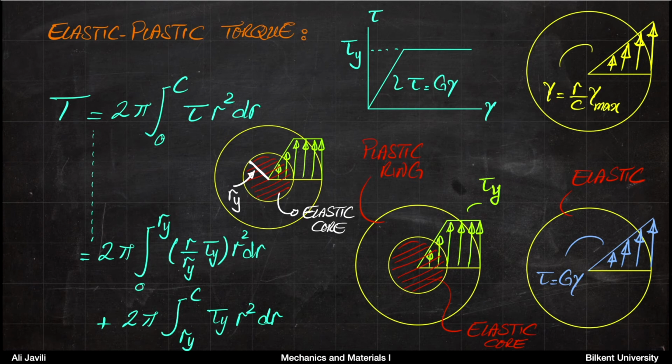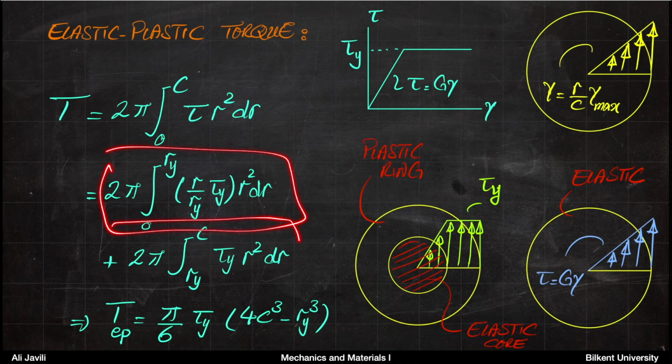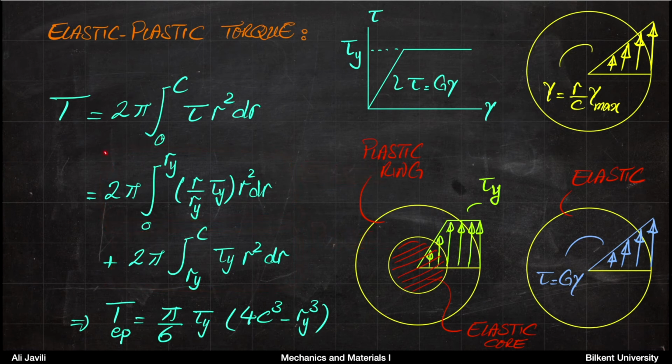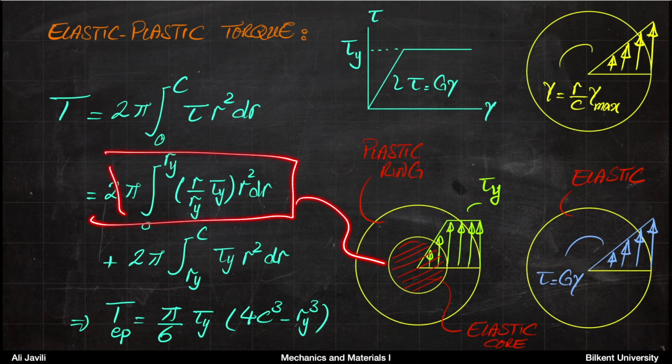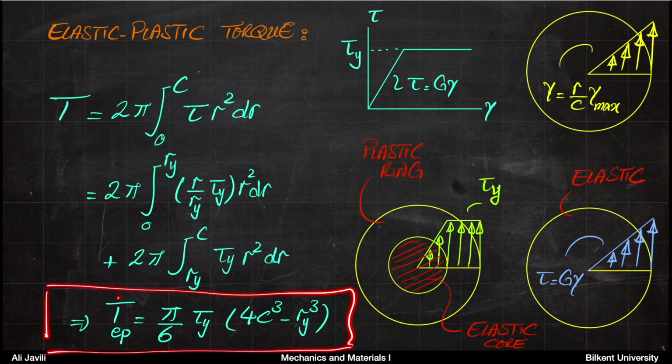Okay, so basically that's what we do. We start with the generic formula. We split it into two parts, elastic part and plastic part, or elastic core and plastic ring. So basically this part would correspond to the inner part. This part corresponds to the outer part. And if you integrate that, you end up with this relationship.